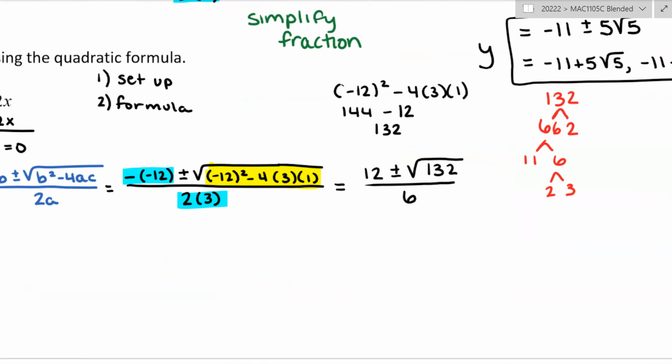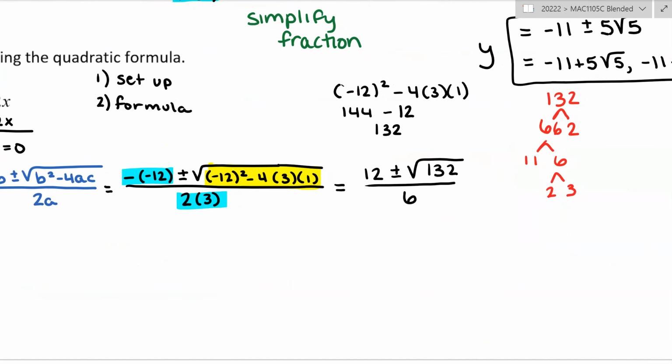Okay, sorry about that. All right, so we're looking, there's a double 2. I like it. So 2 will come outside, and then there's 11 and 3 left over. So 33, or 11 times 3, will go inside. So I have 12 plus or minus 2 rad 33 over 6.